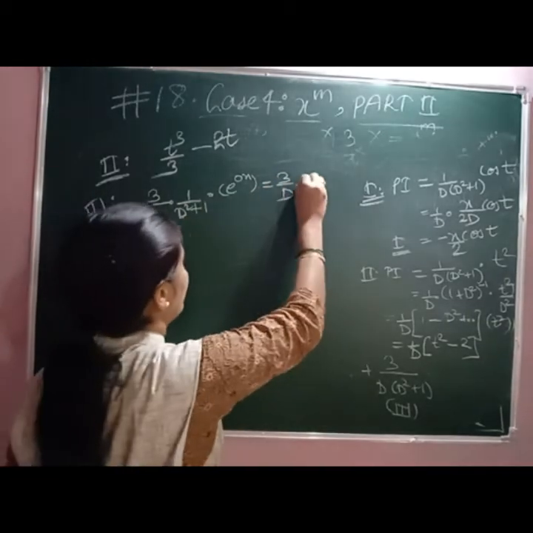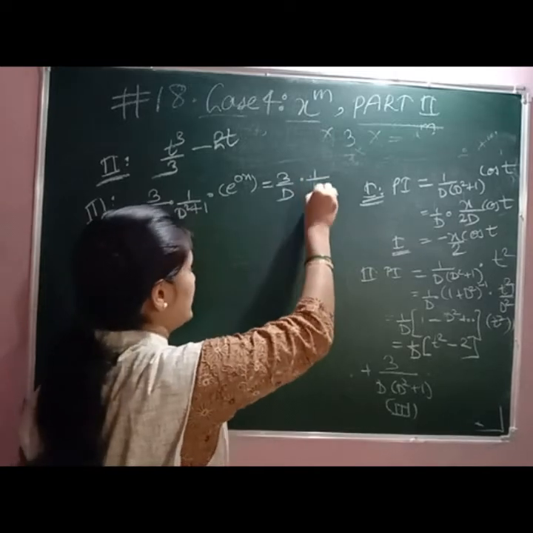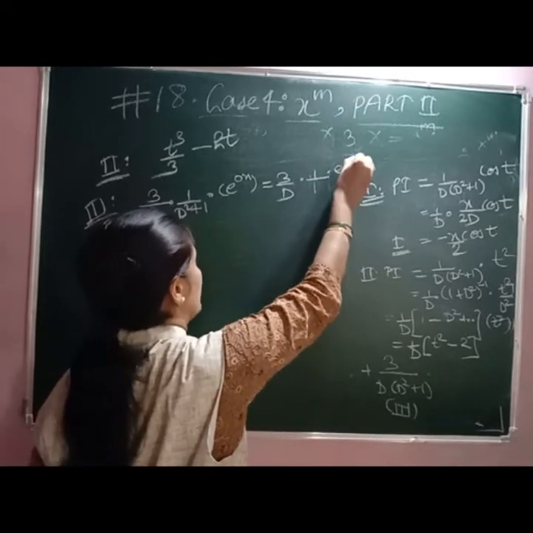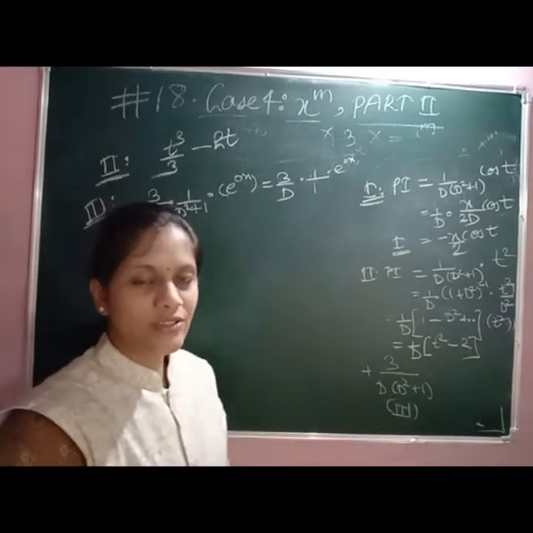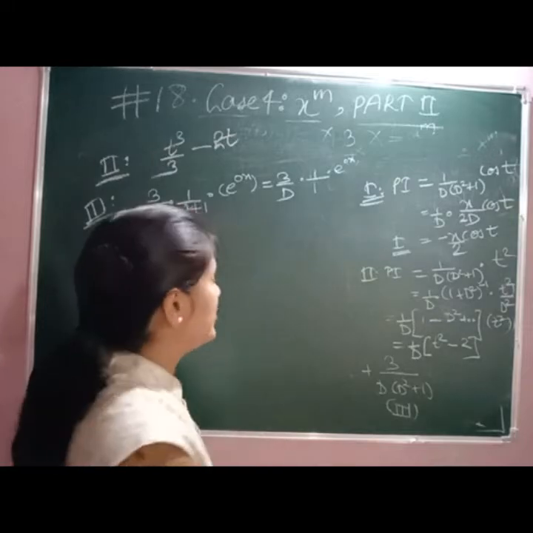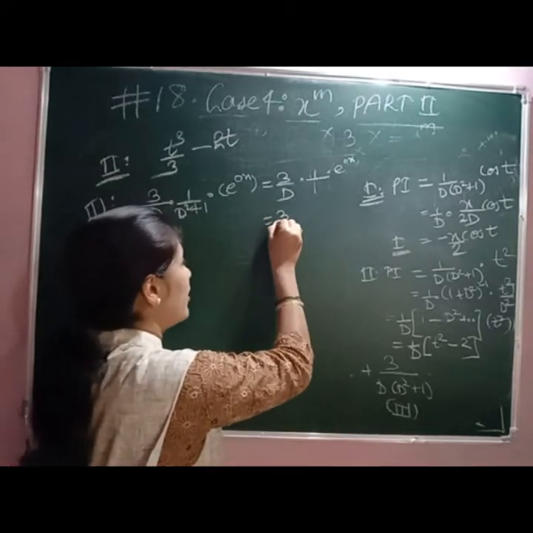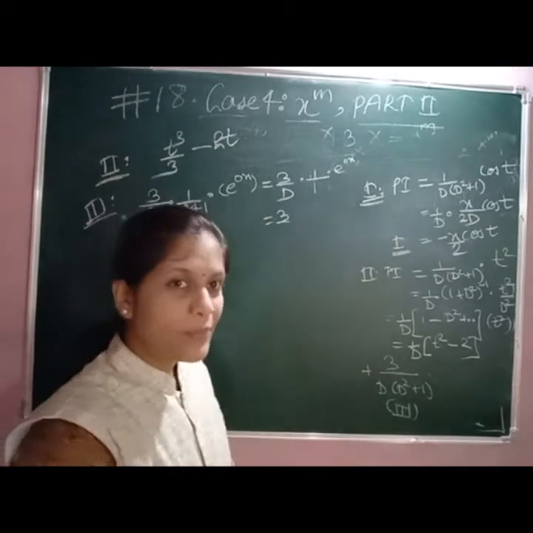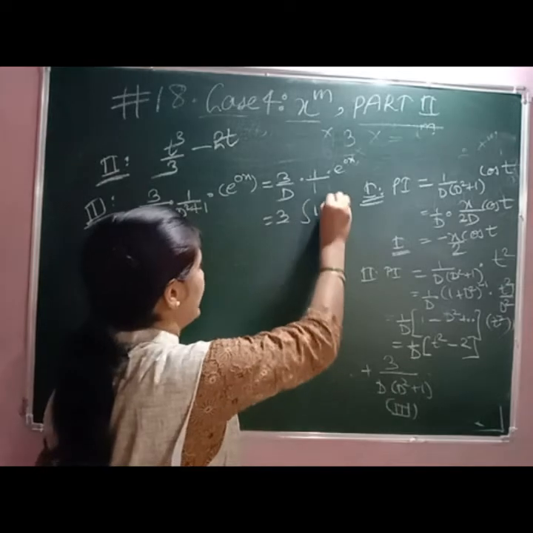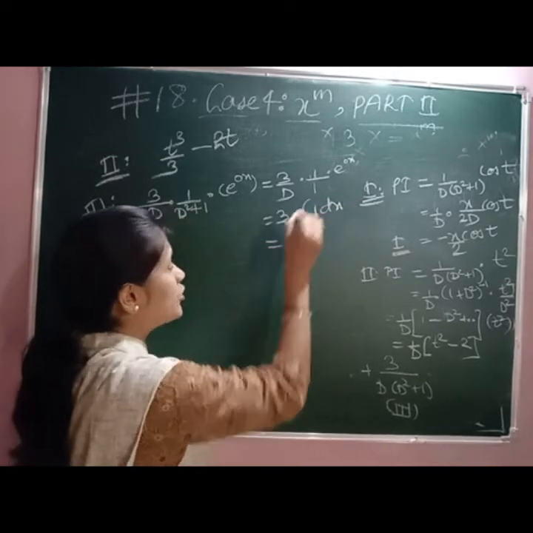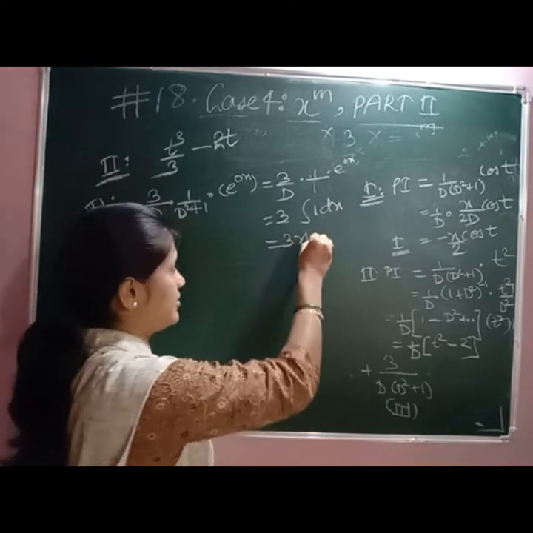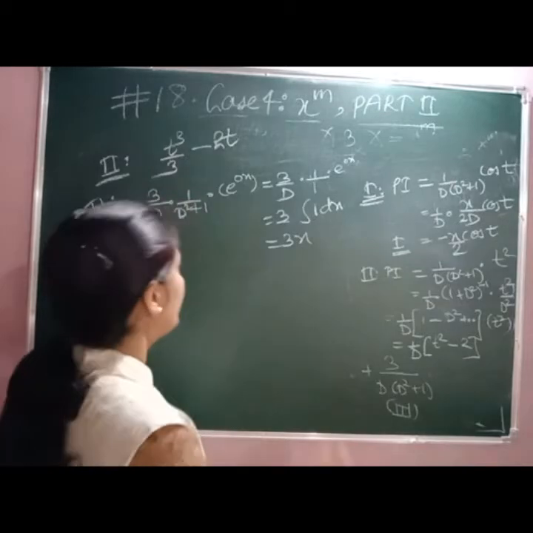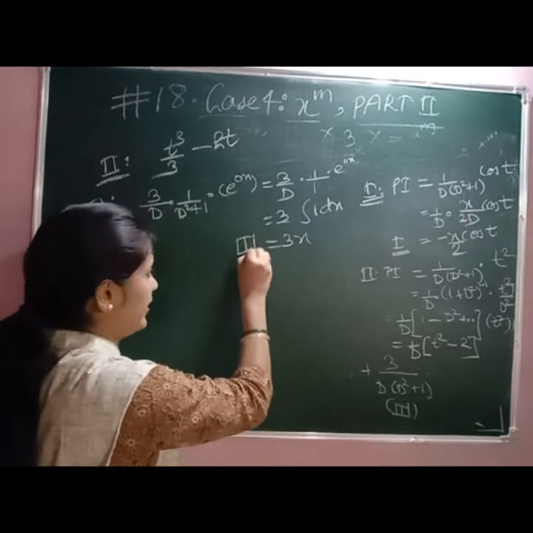So what will we get? 1 upon 0 plus 1 is 1, e raised to 0x. What is the meaning of e raised to 0x? It is nothing but 1. So 3. Now what is the meaning of 1 by D? Integration of 1 dx. What is integration of 1? x itself. So the third part we got as 3x.